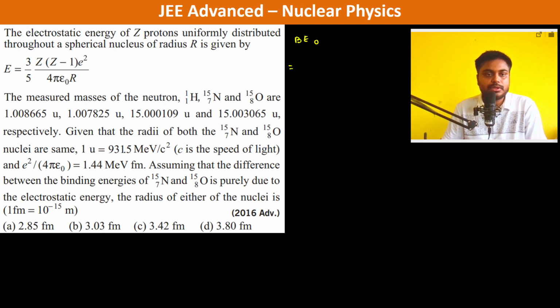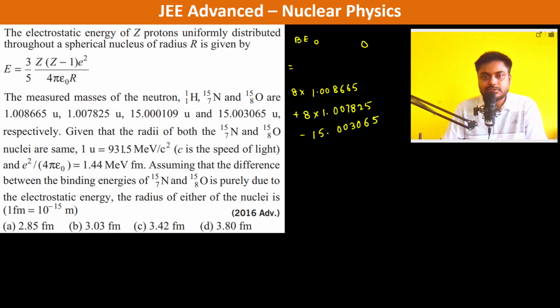There are 8 protons and 8 neutrons, so 8 into 1.008665 plus 8 into 1.007825 minus 15.003065. One thing here, oxygen is 8 and 15, so there are only 7 neutrons. So we'll use 7 neutrons here.